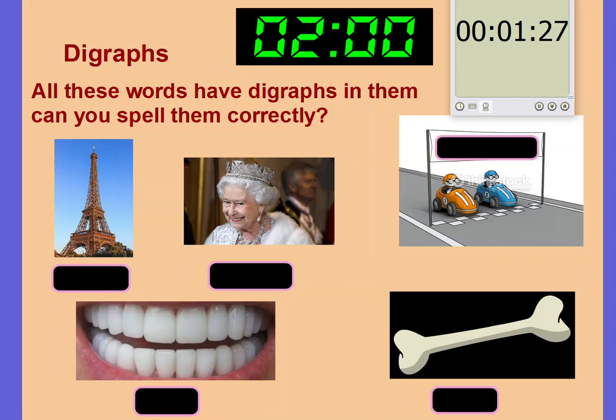If you finish writing your 5 words, you can have a little look at your partner's work just to see if they've got the same spelling as you. If you've got a different spelling, you might want to double check, make sure you've used the correct digraph.